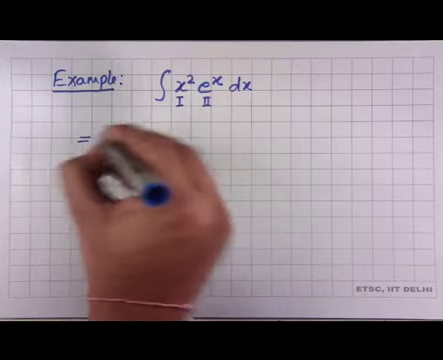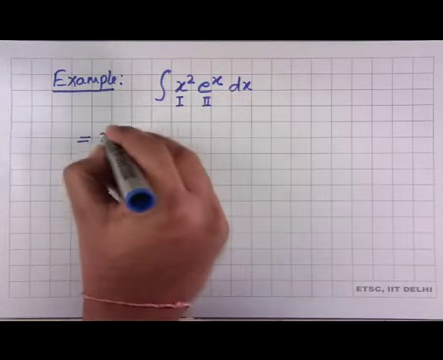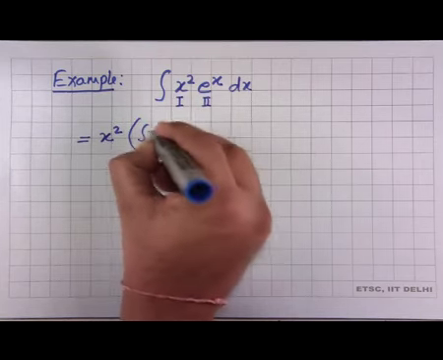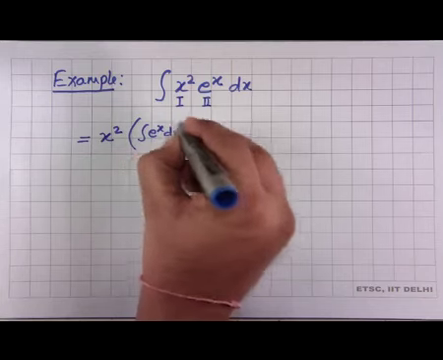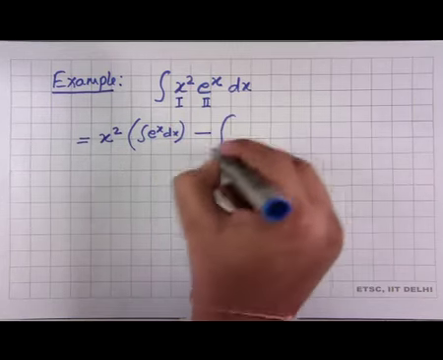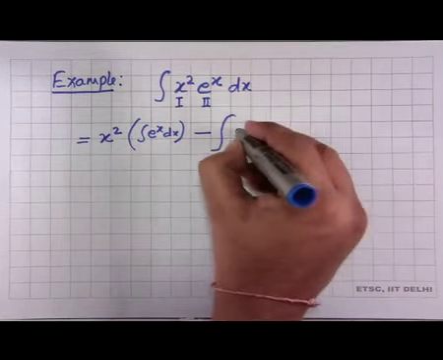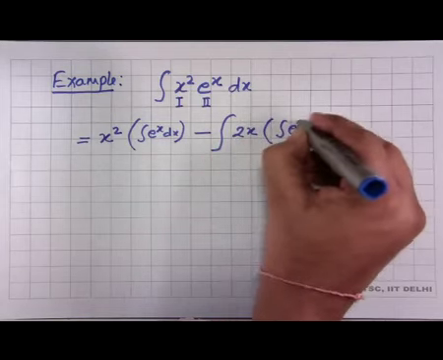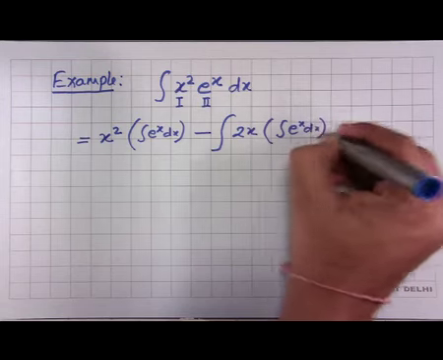So, the integral will become first, x square, integration of the second function e raised to power x dx, minus integration of the differentiation of the first function, this is 2 x, integration of the second function e raised to power x dx, and then dx.